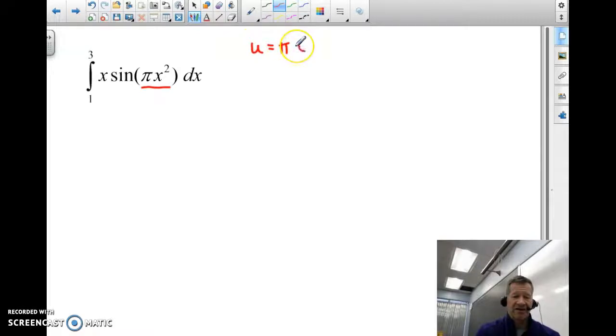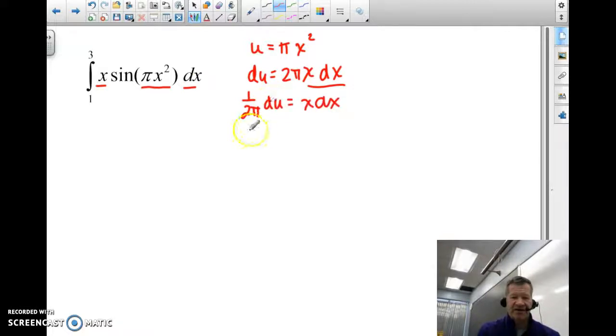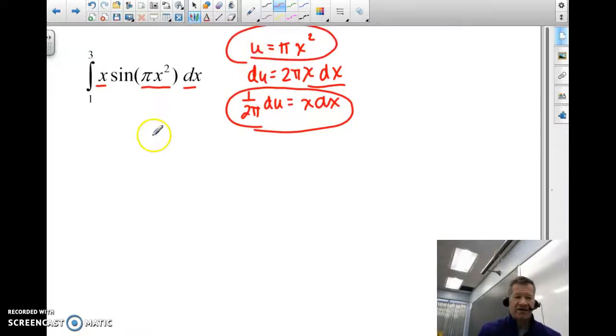Notice I didn't let u equal sine of pi x squared. There isn't a cosine anywhere. That'll help me. So du here is 2 pi x times dx. So the x dx I want to get rid of is right there. So let's get this 2 pi out of here. So 1 over 2 pi du is equal to x dx. So let's make these two substitutions, and let's change the limits.